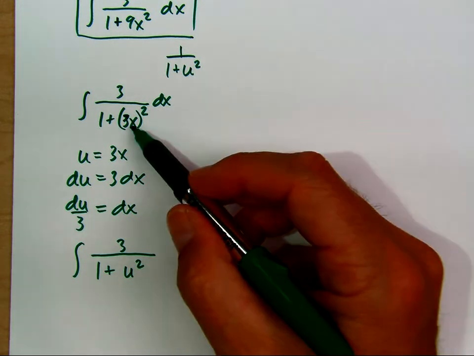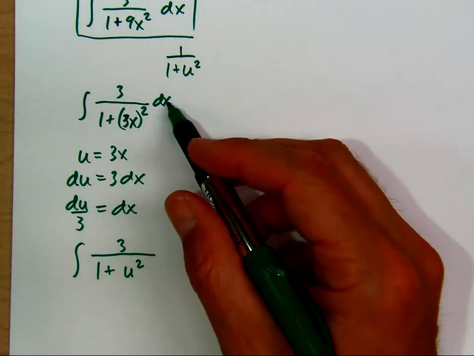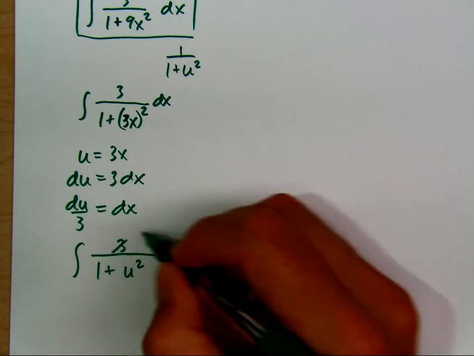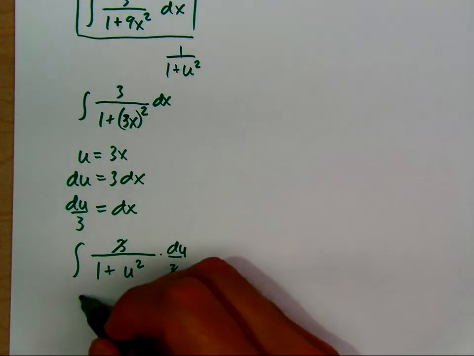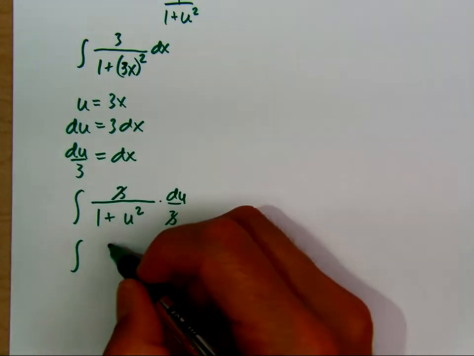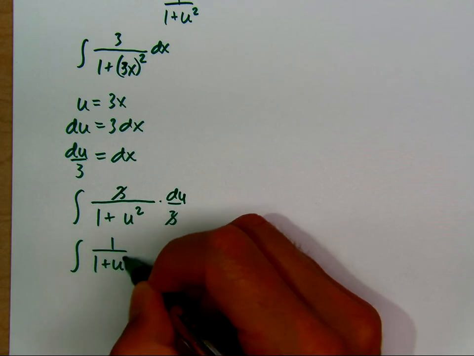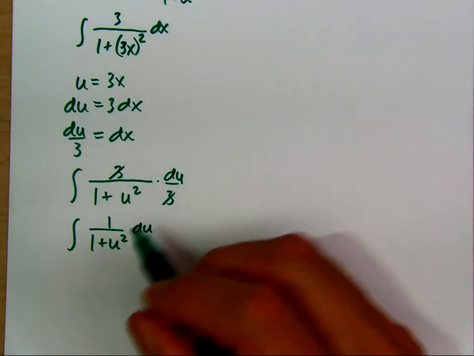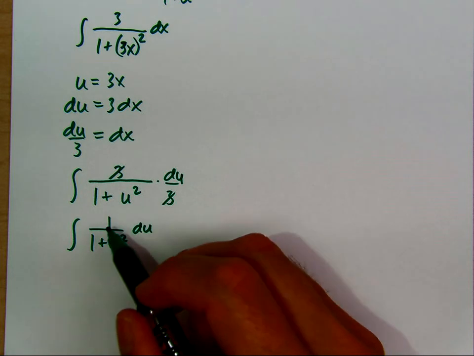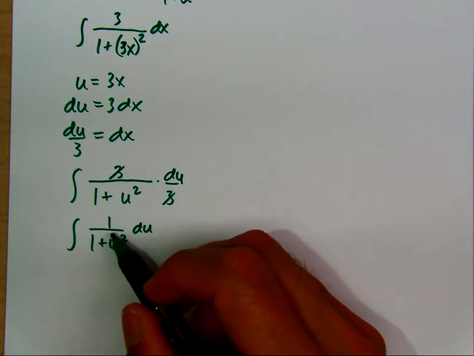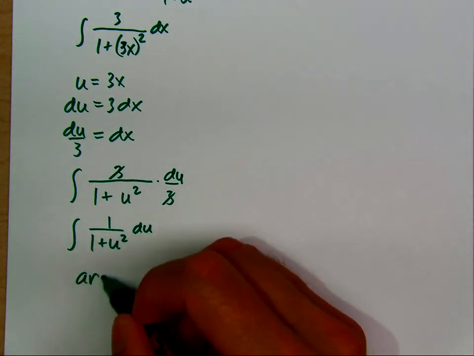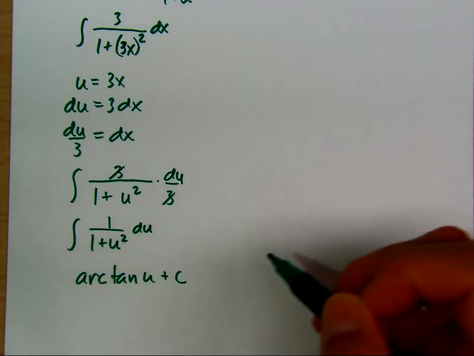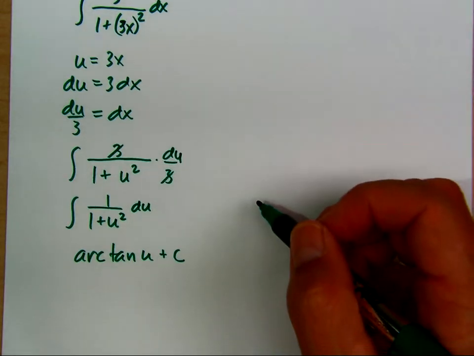So 3x is u, dx is du over 3. And that's what we wanted, and that's going to give us arctangent. And u is 3x.